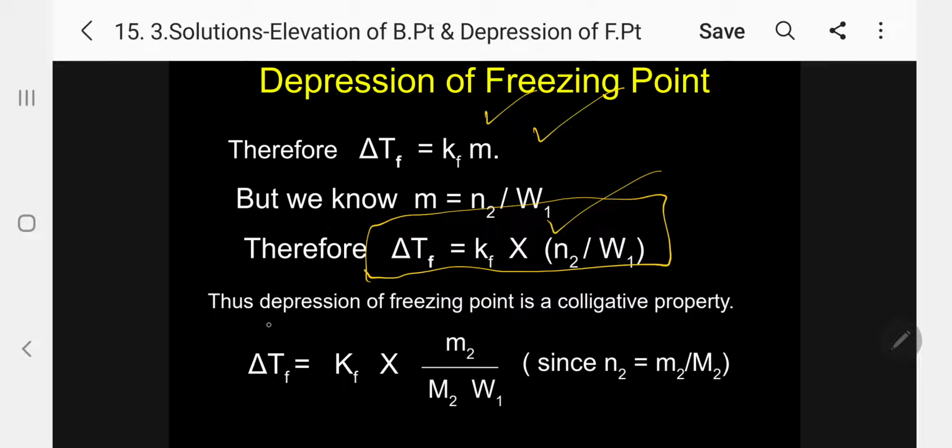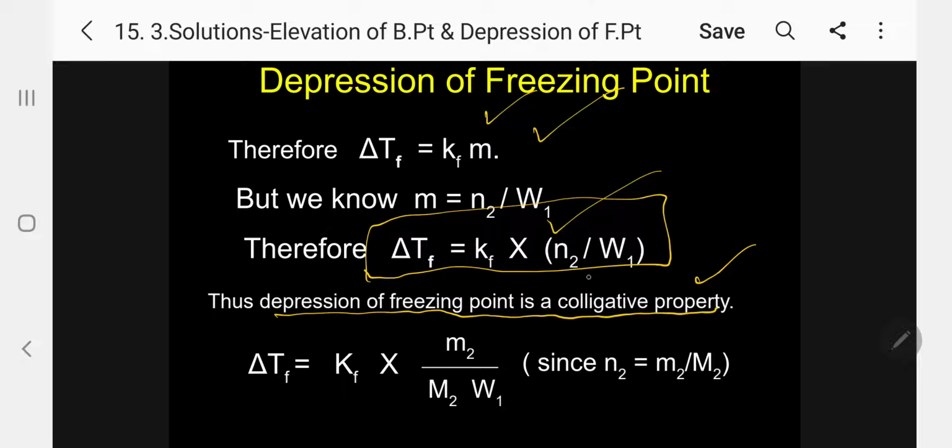So the depression of freezing point is a colligative property. We have proved relative lowering of vapor pressure is a colligative property, and elevation of boiling point is a colligative property. Now depression of freezing point is also a colligative property because it depends on the number of particles of the solute but not on the nature of the solute.